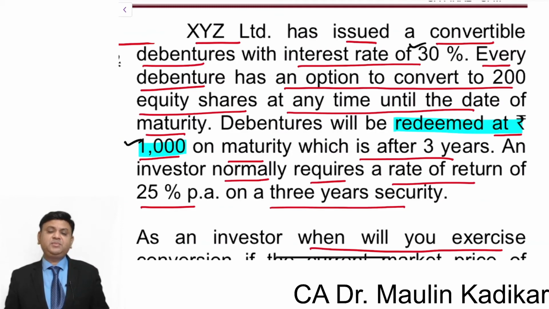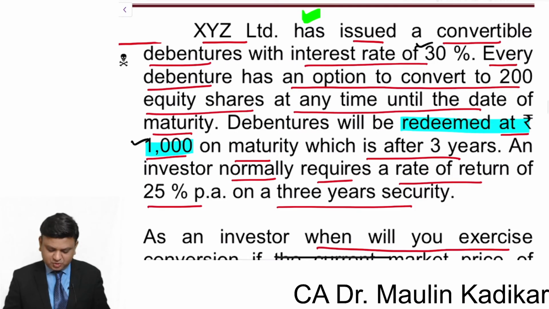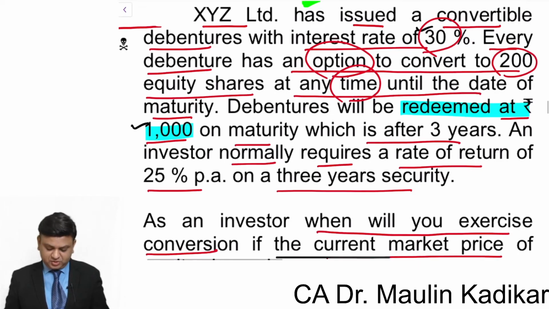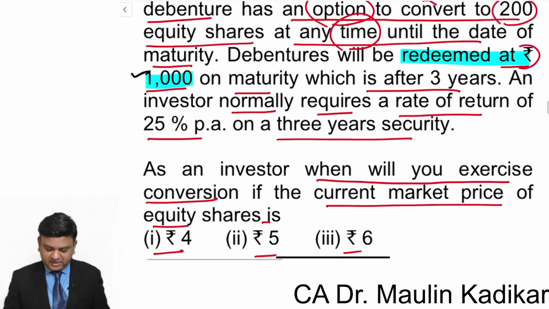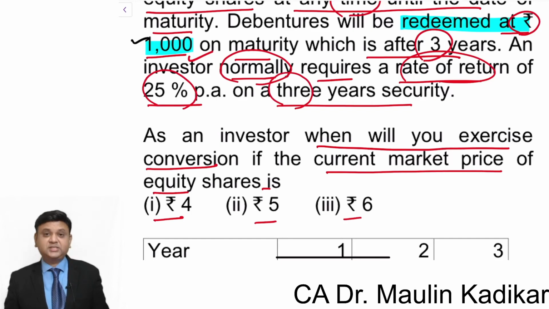Now friends, very similar to this, we did a question earlier in which the information was given like this. XYZ Limited has issued a convertible debenture with an interest rate of 30%. Every debenture has an option to convert to 200 equity shares anytime until the date of maturity. The debenture will be redeemed at ₹1,000 on maturity after 3 years. An investor normally requires a return of 25% per annum on a 3-year security.